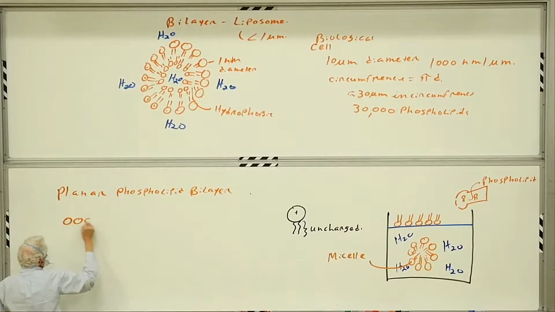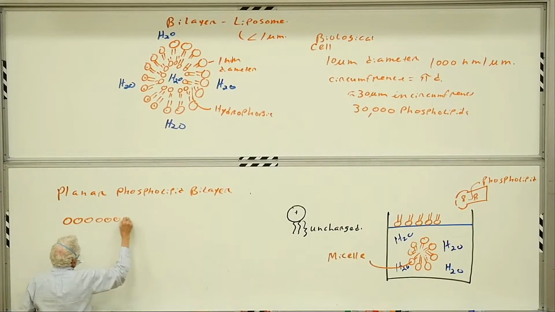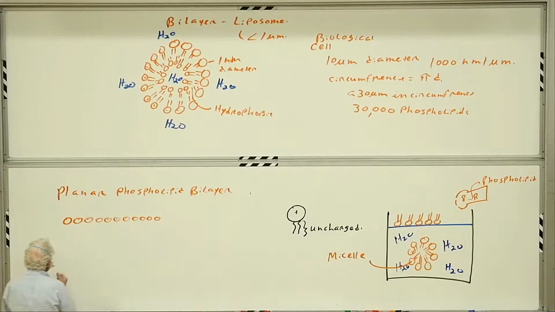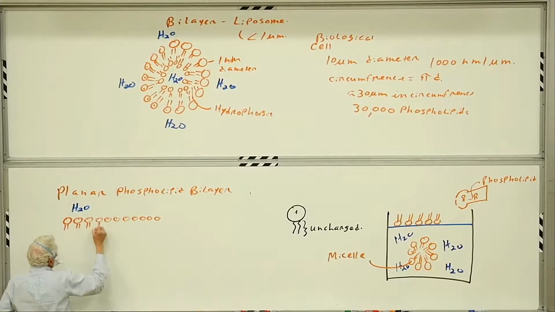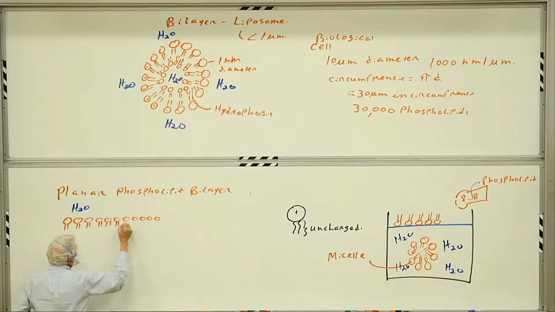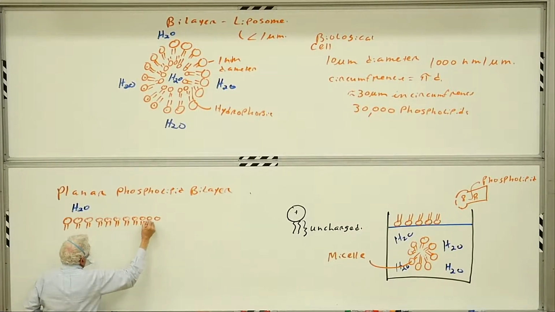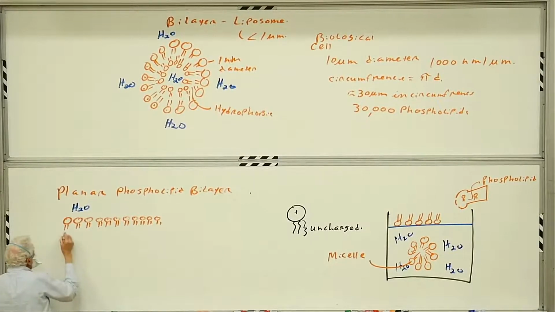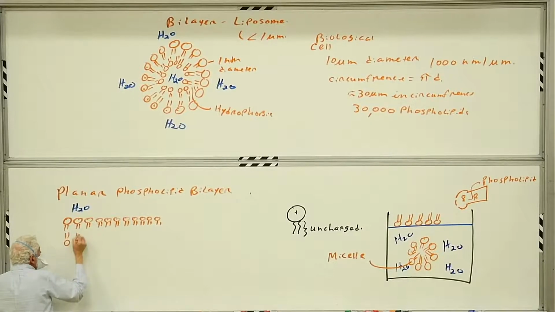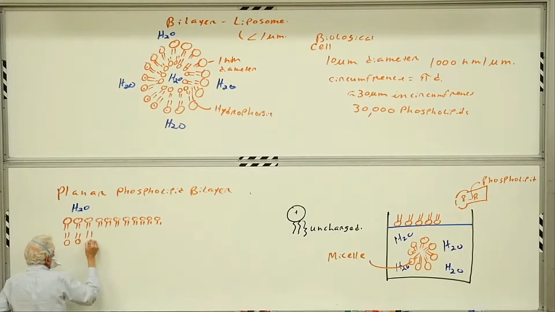So here are head groups. You can imagine, of course, that there's water out here. Here are the tails. Put a bunch of tails in here, always two of them. And then, as we showed in the liposome, those hydrophobic tails are going to point toward one another.